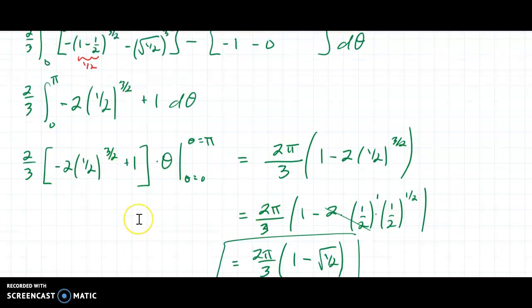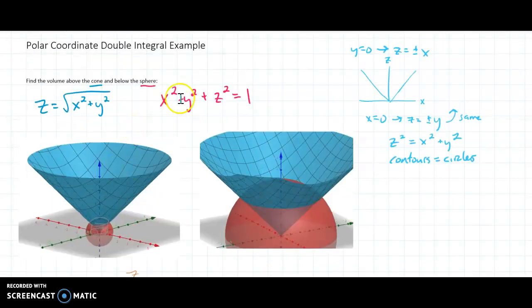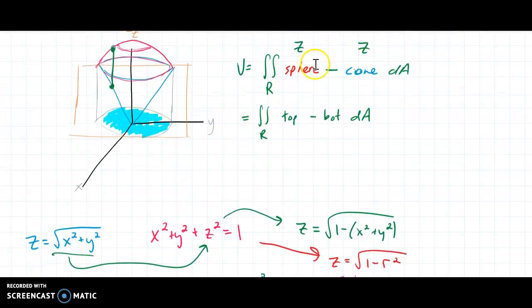Done with that. I sort of explained a lot there, so I think that you might be able to get through that a little bit quicker. But really, the big takeaways are, 1, I can do this integral of top minus bottom dA, or double integral of top minus bottom over a region to figure out volume.